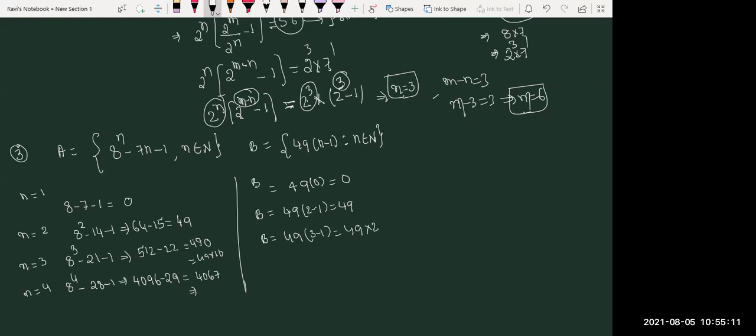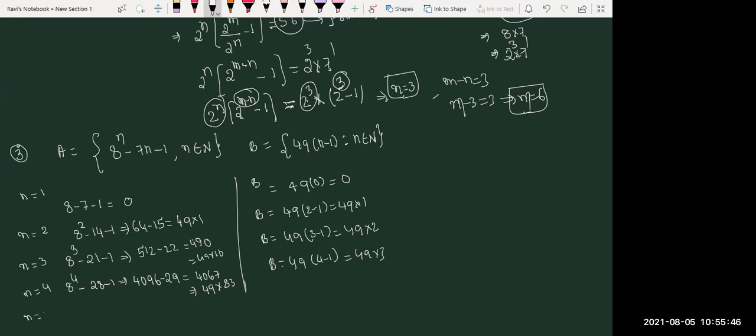Is 4067 divisible by 49? We can write it as 49 into 83. On this side, 49 minus 1 gives 49 into 3. So we have 49 into 1, 49 into 10, and next 49 into 83. Now look at the last value.